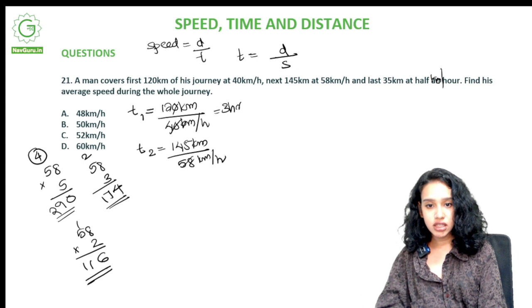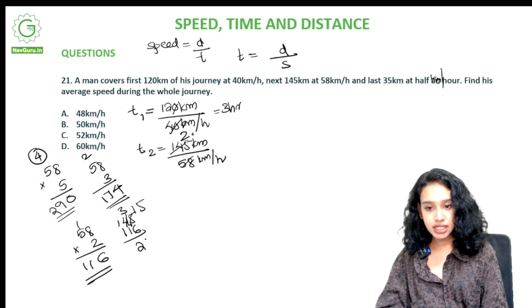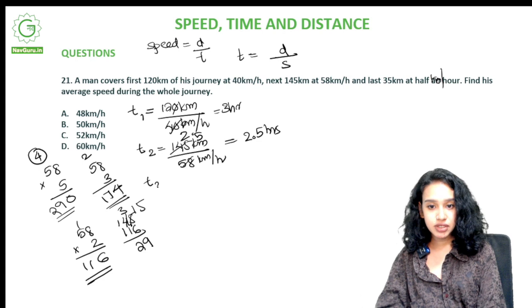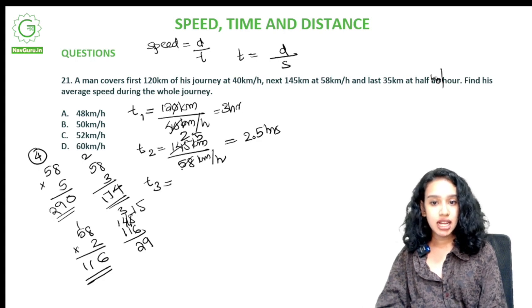So this would be 2. 145 minus 116, it's 29, right? Now 290. We get 2.5 here. 290 is 5 times, right? So here it is 2.5 hours, and T3 is equal to last 35 kilometers in half an hour, right?